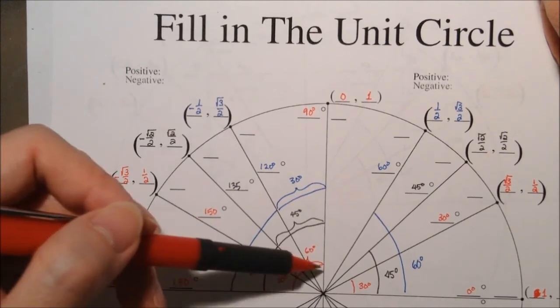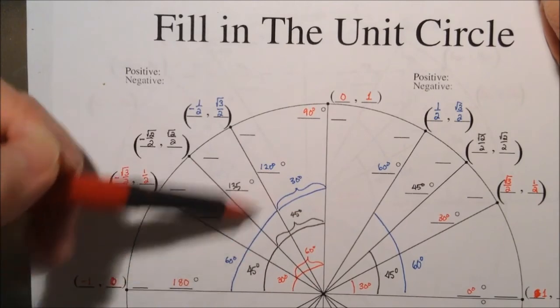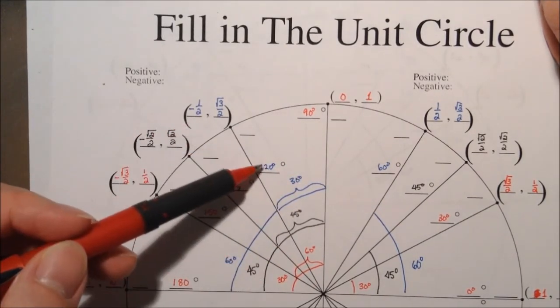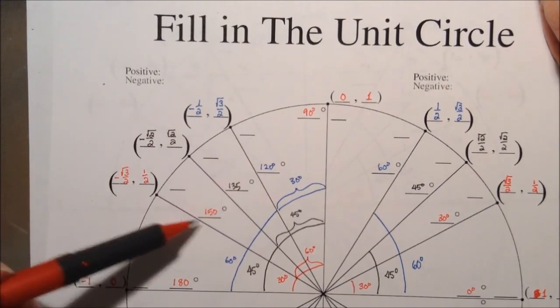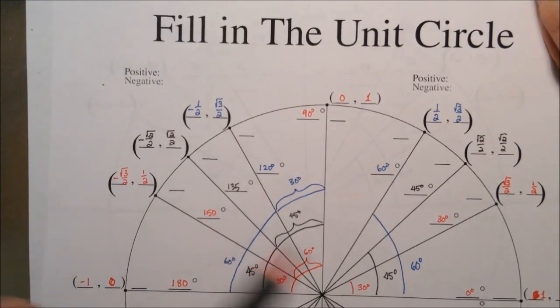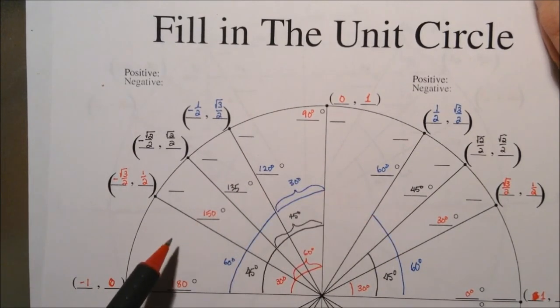If this is 30, this is 60. If this is 45, that's 45. If this is 60, this is 30, because they all add up to 90. Then you're able to figure out the degrees of 120, 135, and 150. And this is 180 degrees because it's a straight line. So keep that in mind to memorize quadrant 1 in order to help you memorize quadrant 2.